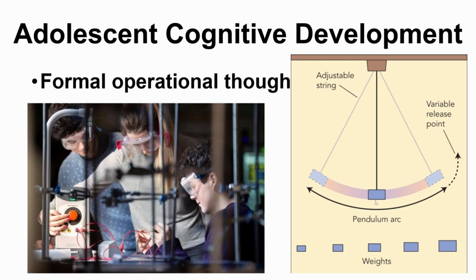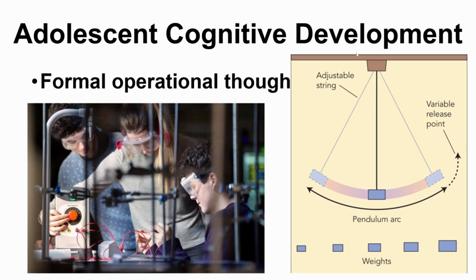And so this example here was looking at how children might be able to solve a problem looking at pendulums and the different lengths of string and how far it would have to swing. And I think it was one of those where you want it to release at a certain point and then fly a certain distance.